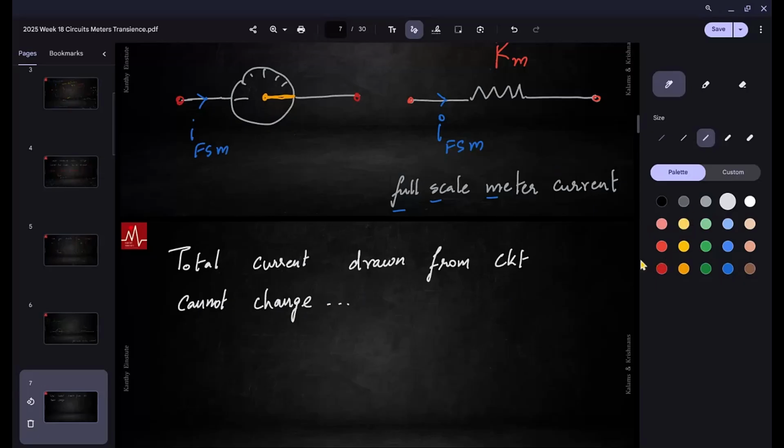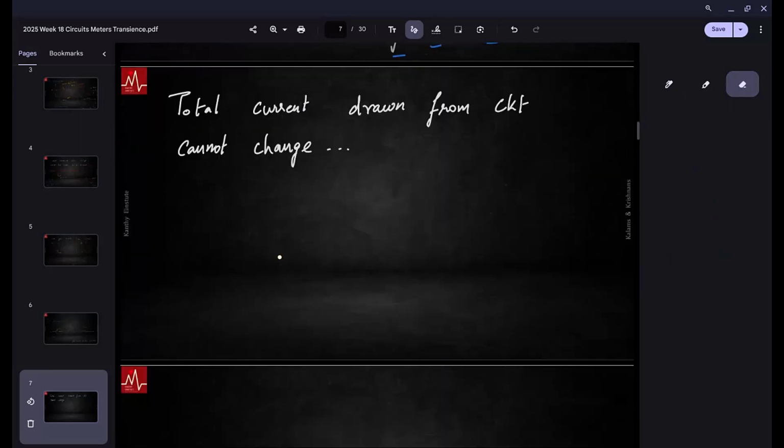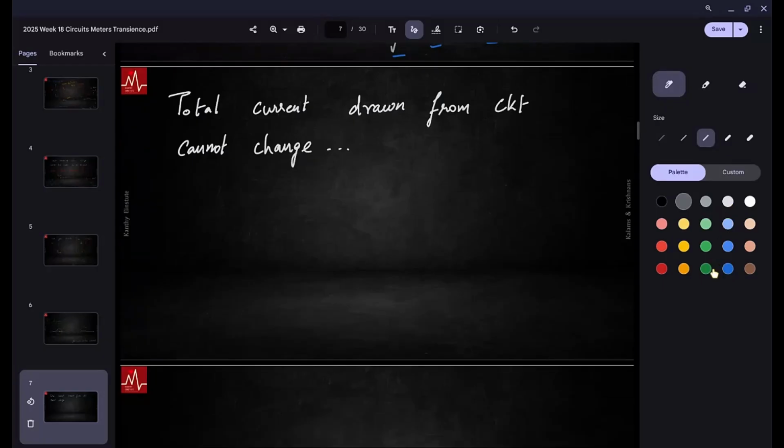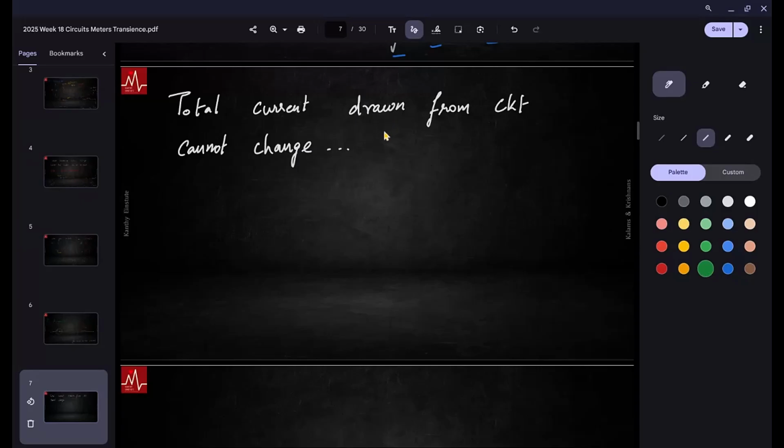If you're trying to measure voltage, the current could change, only the voltage shouldn't change. But now, if you put something in series, the total current drawn will change. So the way you shunt this, ammeters are shunted in parallel.